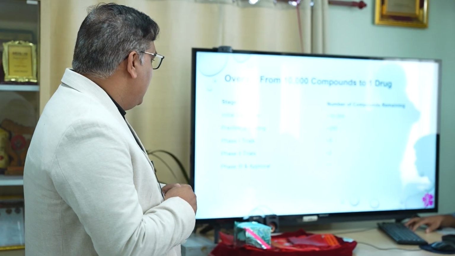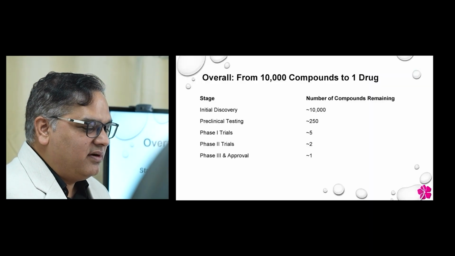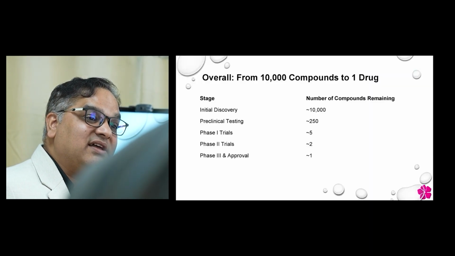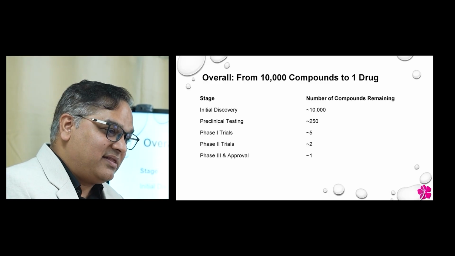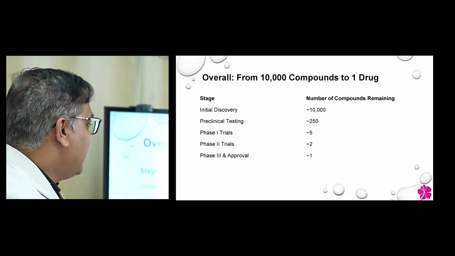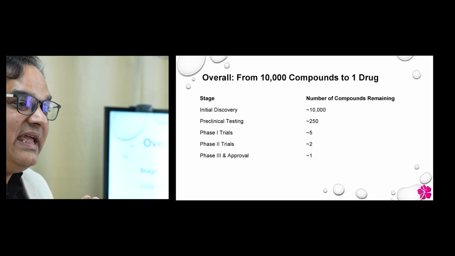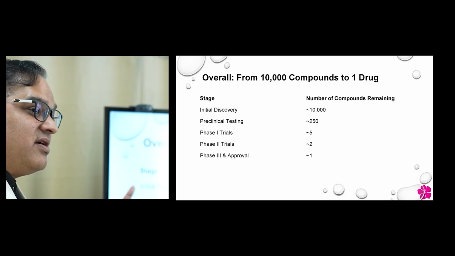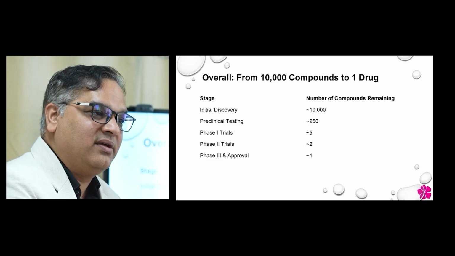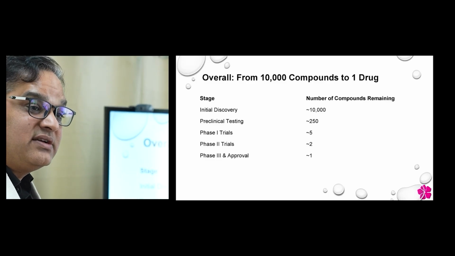Next. So we always see, especially in research papers, even in magazines, that there is always a new drug that has come, a magic bullet. But if you see the data, for every 10,000 compounds initially identified in the lab, only one compound actually makes it to market. So at initial discovery, there are 10,000 compounds.